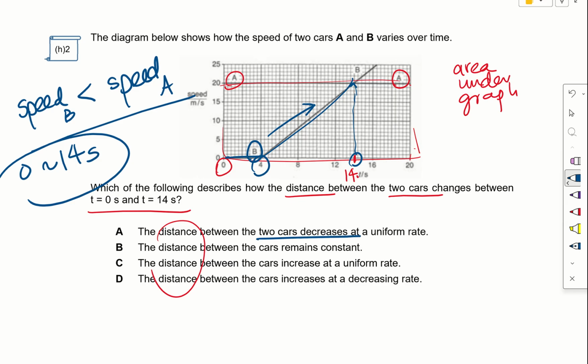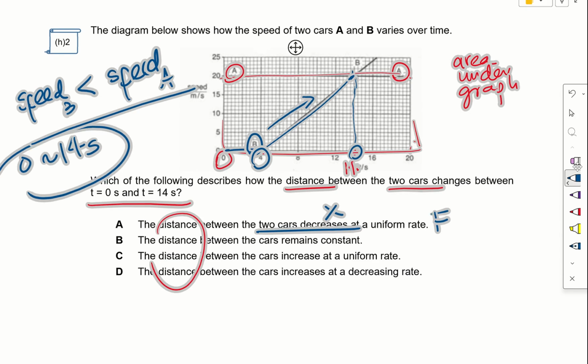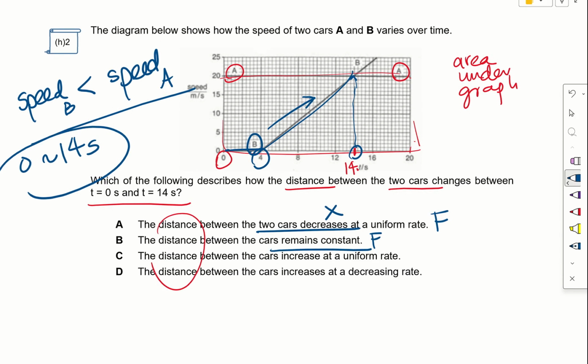This means the distance between the two cars does not decrease. It's in fact increasing, but at a decreasing rate. So A is false. The distance between the cars remaining constant is false again, because the speed changes. The distance between the cars increasing at a uniform rate is again false. The answer is D.